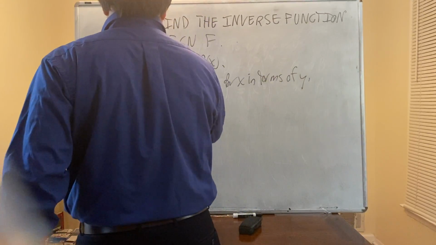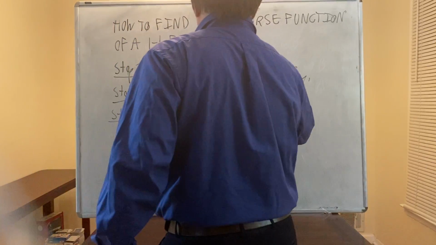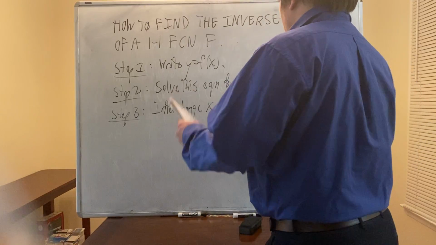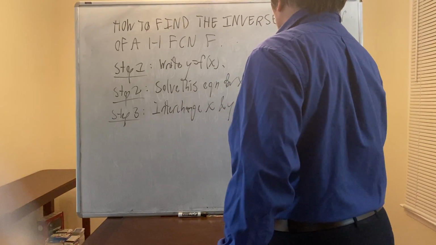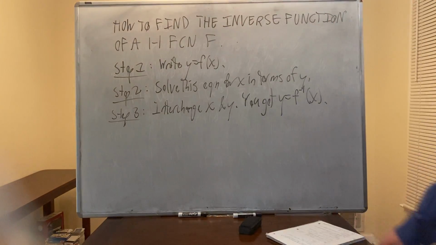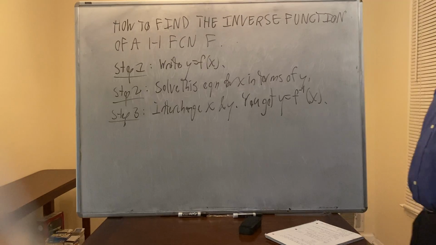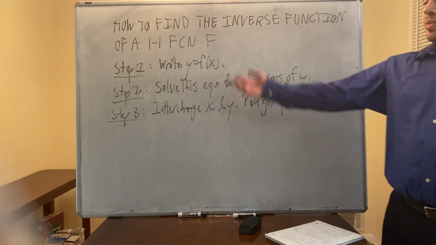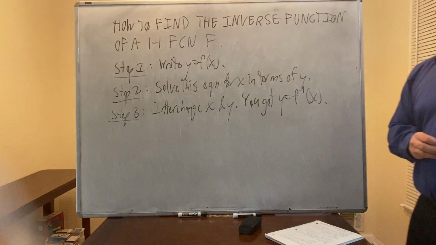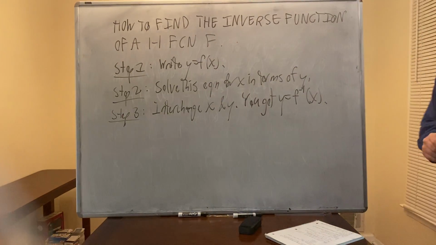And step 3. Interchange x and y. You get y equals f inverse of x. Okay, so those are the 3 steps to find the inverse function of a one-to-one function f. So it's important that you start with the one-to-one function. Starting with the one-to-one function f, step 1 is write y equals f of x.